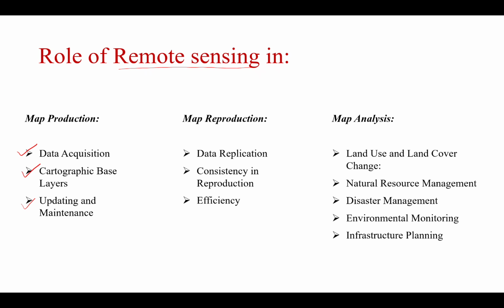Now, how is remote sensing helping us in map reproduction? The first thing is data replication. I can very easily replicate and distribute the data I am getting among many people. For example, Bhuvan is a website that the Indian government has made for mapping, and it uses Indian satellites.